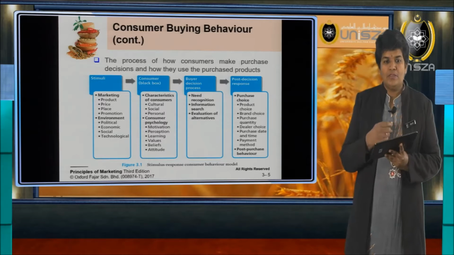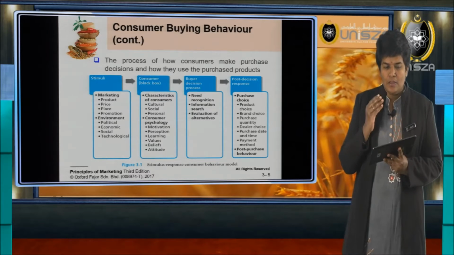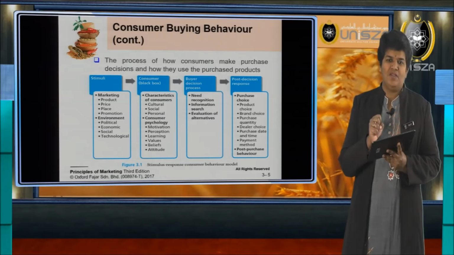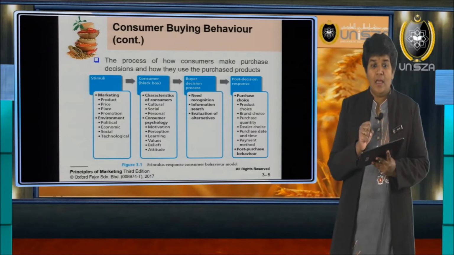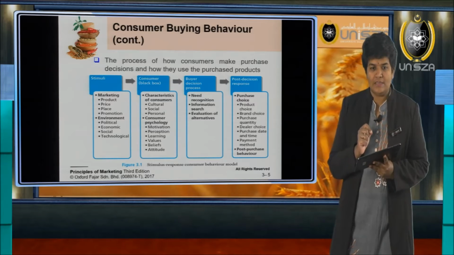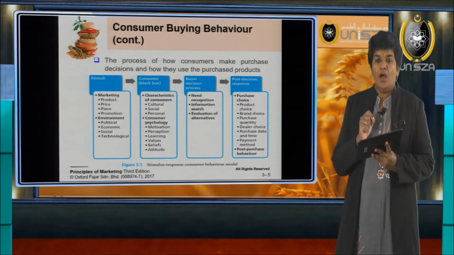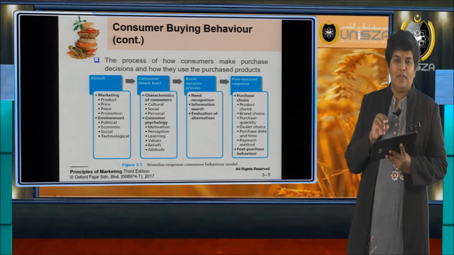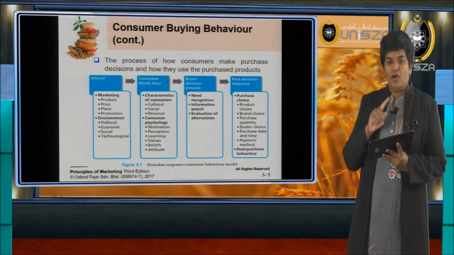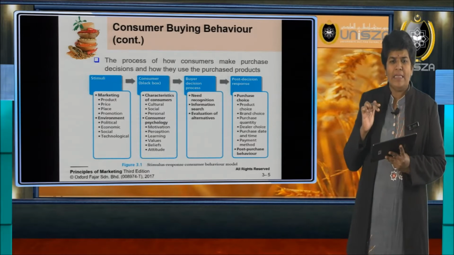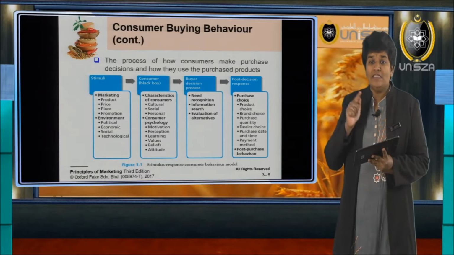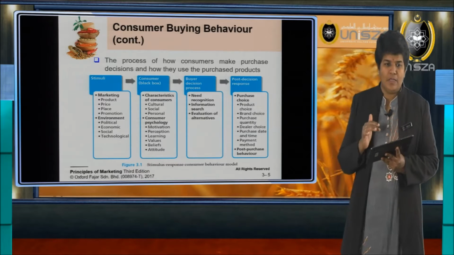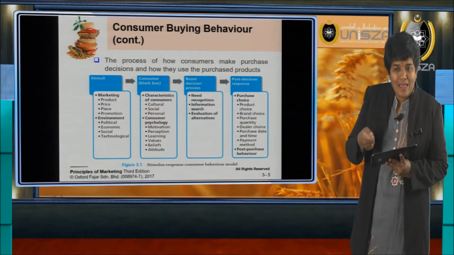This is the model pictured in this slide, called the stimulus response consumer behavior model. There are four big elements you need to understand: stimuli, consumer black box, buyer decision process, and post decision response.